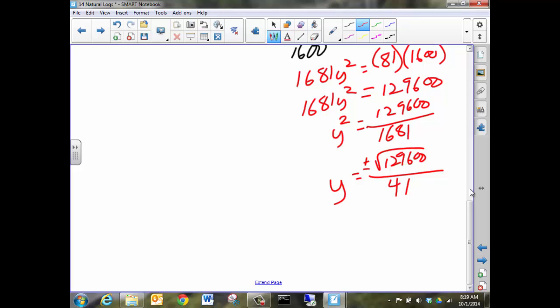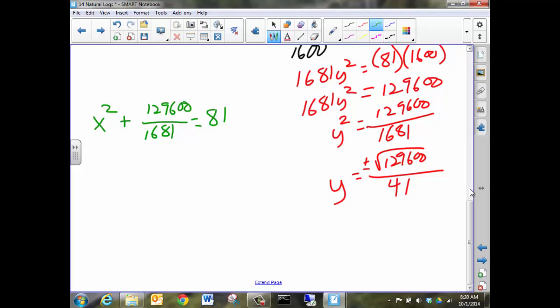Agreed? Well, can I get x's to go with that? Yep, if we plug this back in over here, I get x squared plus 129600 over 1681 equals 81. And I can work through that.